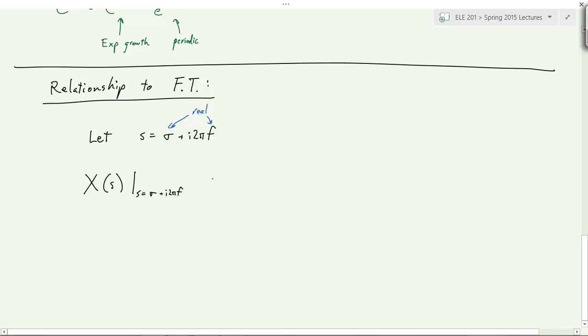Okay. This equals, let's plug it in. And instead of s, we'll just substitute what we have, sigma and the imaginary part, i 2 pi f, t, dt. And we can recognize this as the Fourier transform of x of t times e to the negative sigma t.